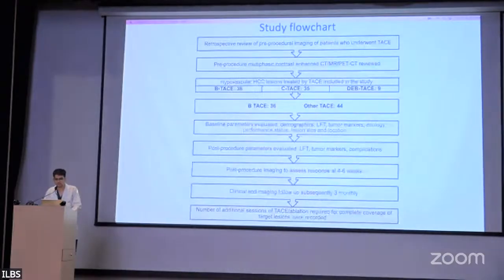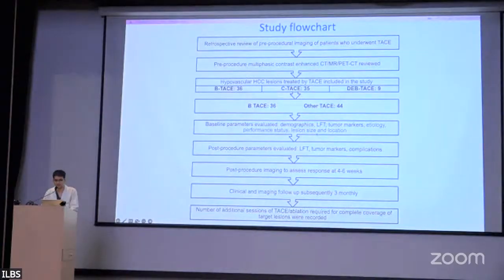Coming on to the study flowchart, a retrospective review of the pre-procedural imaging was done for all patients who underwent TACE. The multiphasic contrast enhanced CT, MR, and PET CT were reviewed. Hypovascular HCC lesions treated by TACE were included in the study, which included 36 for BTACE, 35 for CTACE, and 9 for drug-eluting bead TACE.